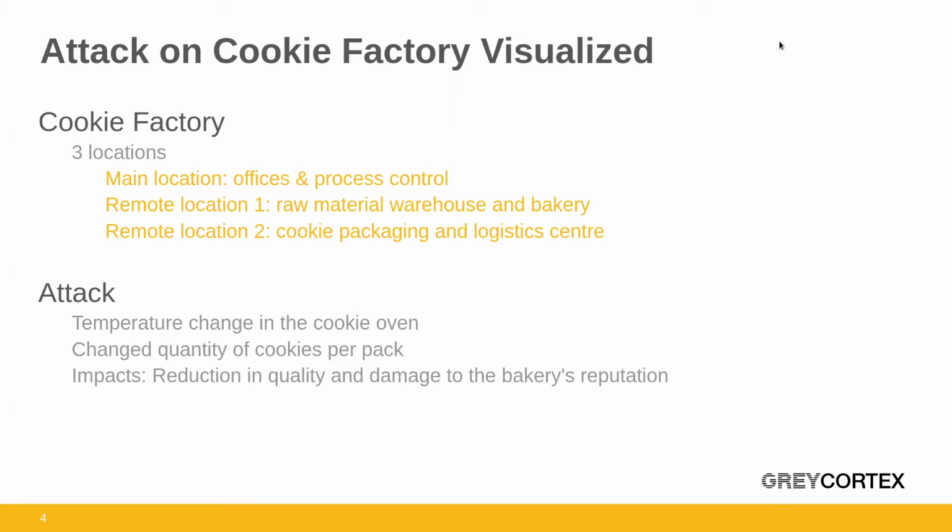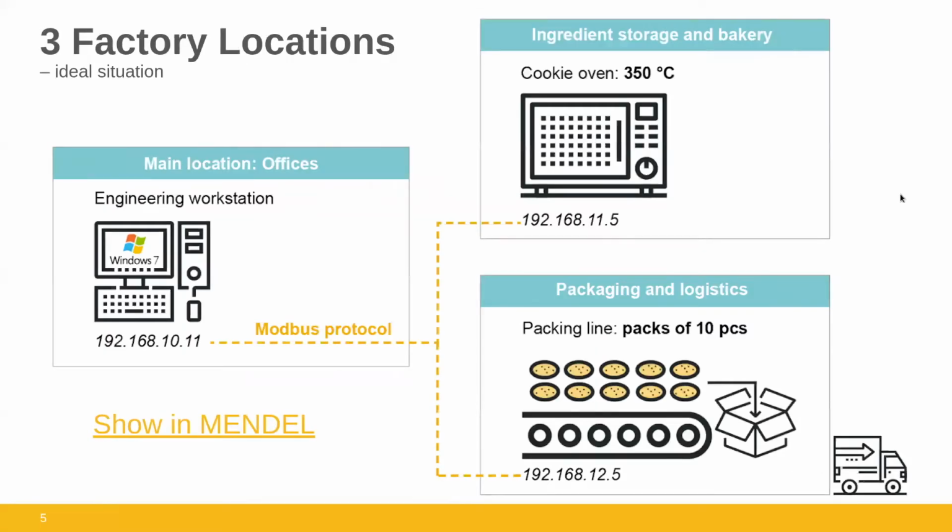For this attack, imagine that we have a cookie factory that has basically 3 locations, which can be seen on this diagram. The first location is called offices. There are employees, administrators of the network, sales team, marketing, management of the company, and so on.